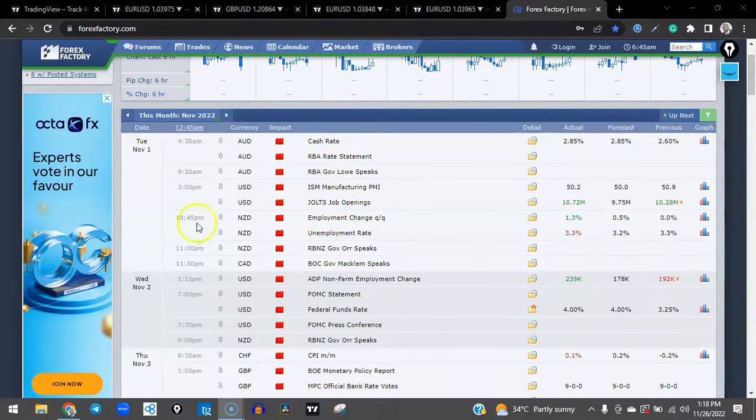Now, we have 1st of November, for example. These are the news releases. Then I want to look at this on the Euro USD pair. By 3 p.m., there was a USD news release on manufacturing PMI and then the job openings. Do not bother about this, we don't need that.